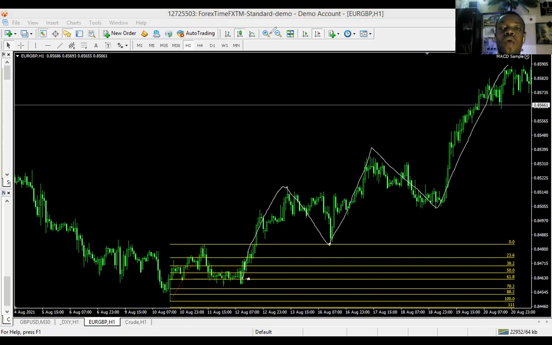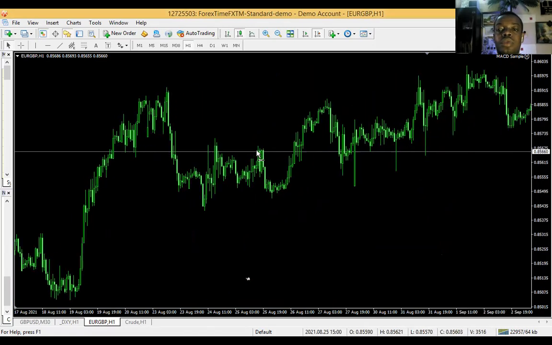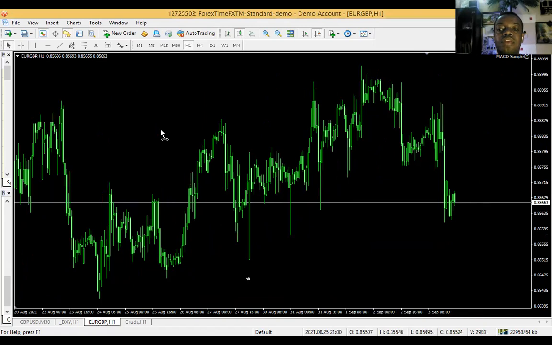Let us go and view another thing here: when the market reverses, what happened? Did the market break the Fibonacci level? This one is still a pullback. Now here is another distance.